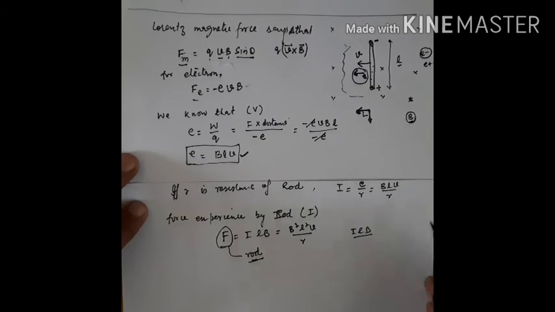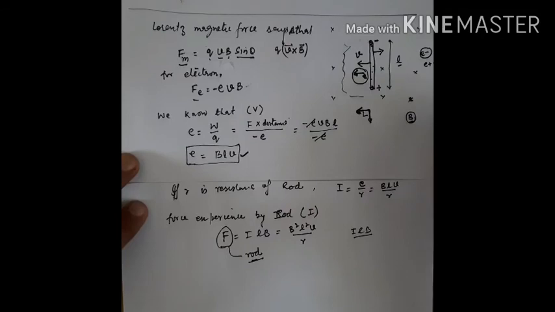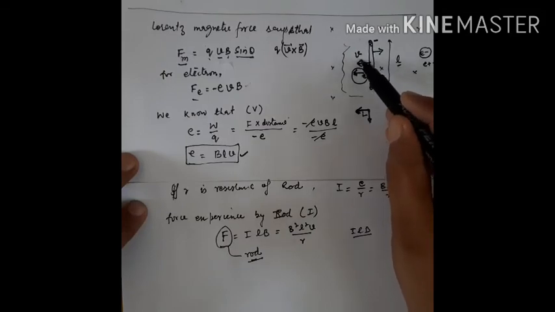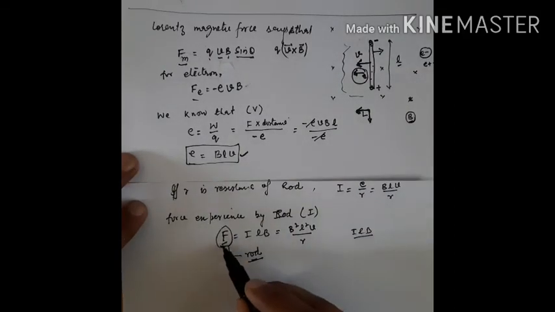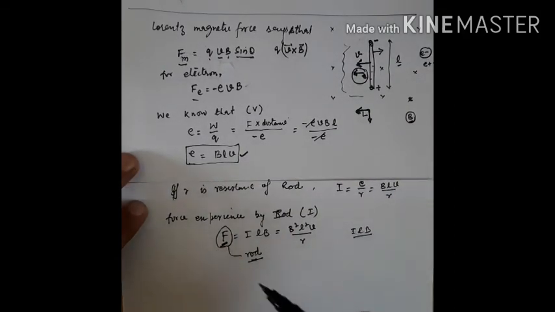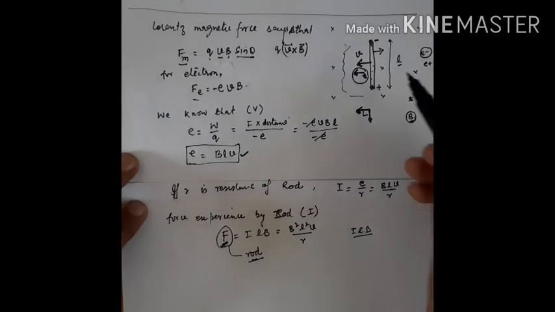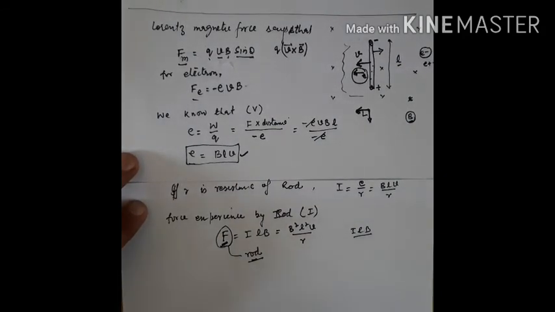If you find the direction of this force, it is in the direction opposite to the velocity of the rod. So you have to supply some extra energy to push this rod along the velocity. This force is applied in the opposite direction. So what is the power consumed?